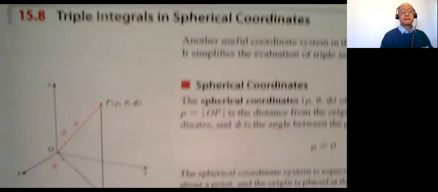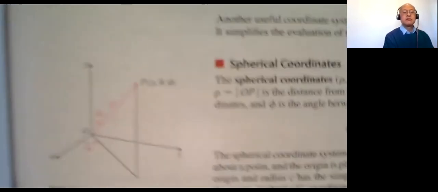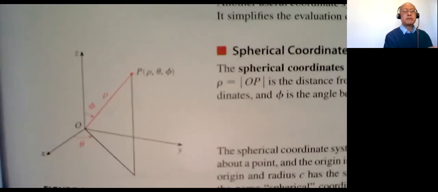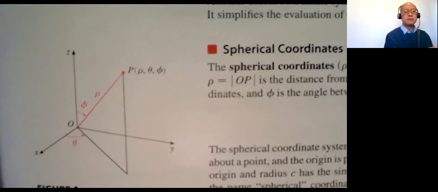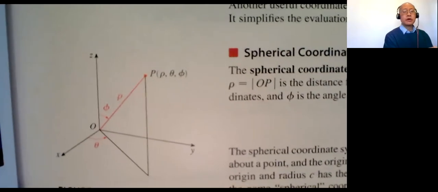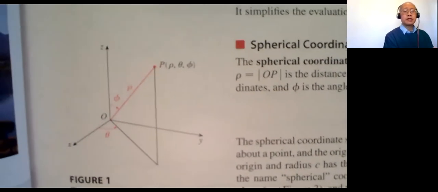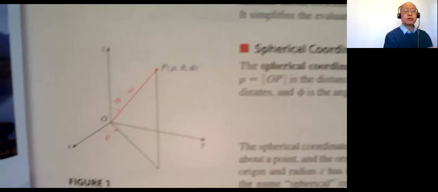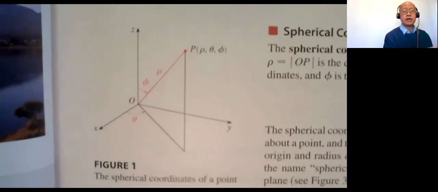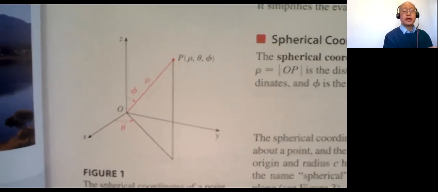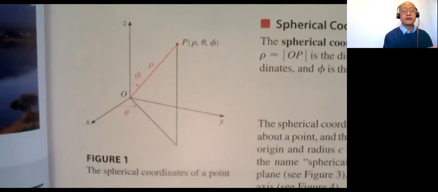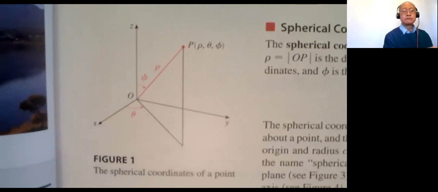Triple integrals. All right, so see that point out in space, point P? The 3 coordinates are 1 distance and 2 angles. The 1 distance is the Greek letter rho, that funny looking p, then theta, and phi. That third coordinate is phi.